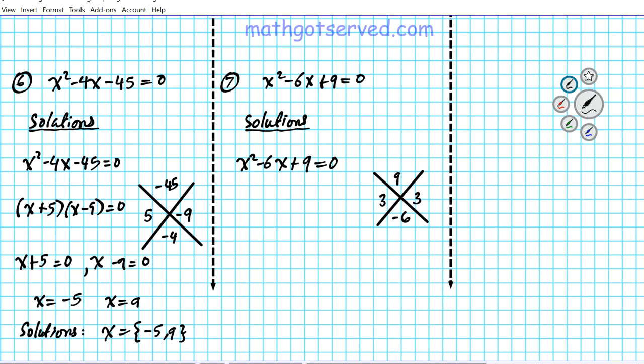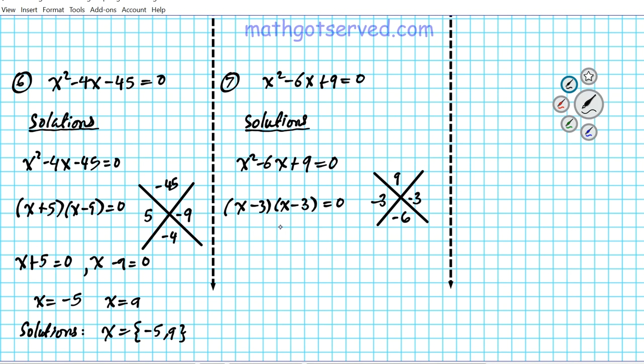3 and 3. In order for the product to be positive and the sum negative, both of them have to be negative. Okay? All right, so let's insert it back. So we have x minus 3. Remember, whenever A is equal to 1, you don't have to group, okay? Just skip grouping and jump to the factored state.